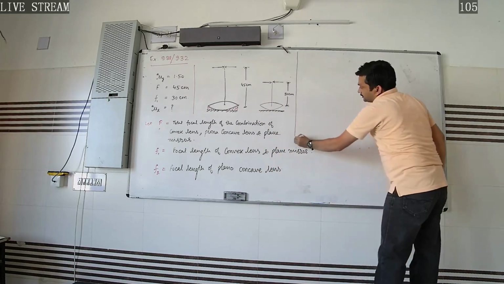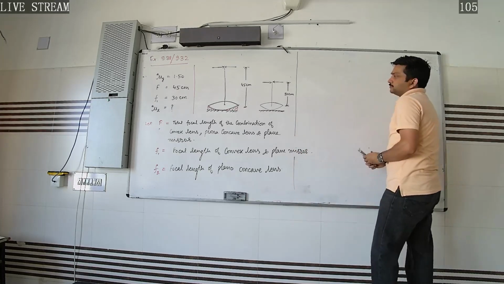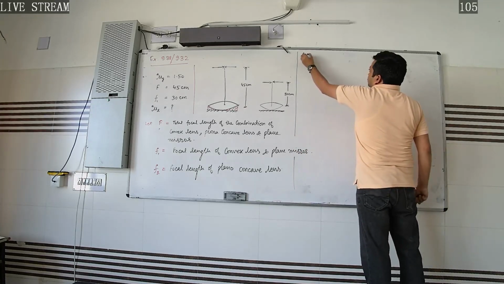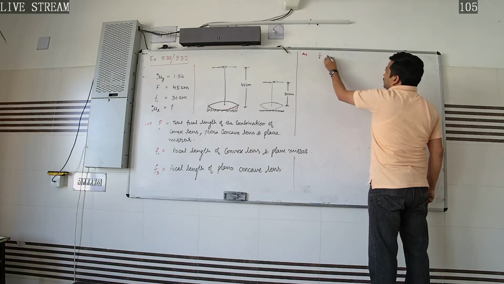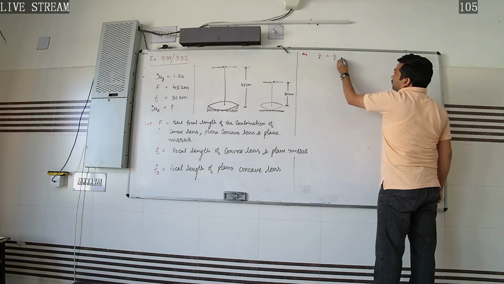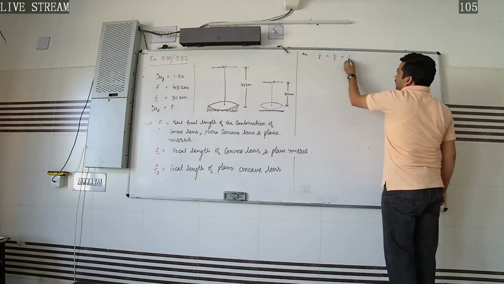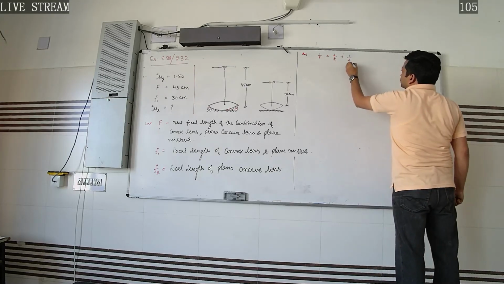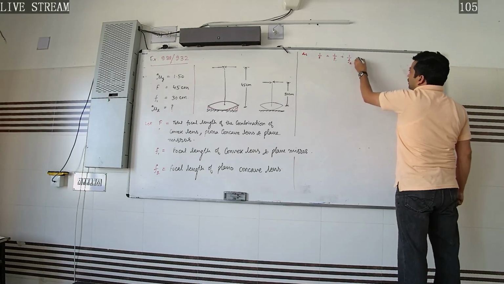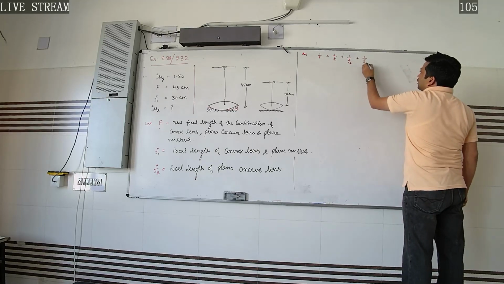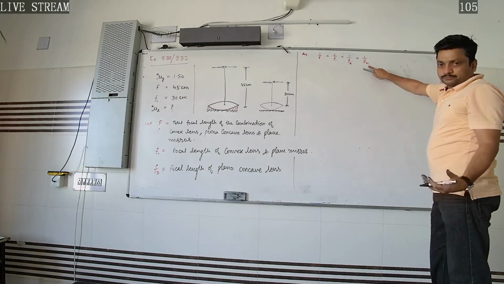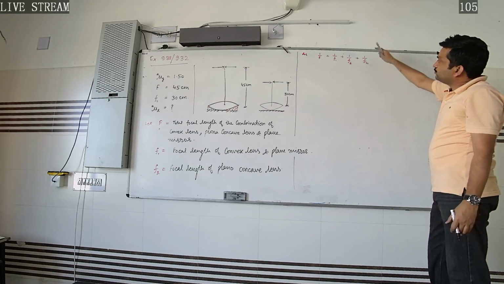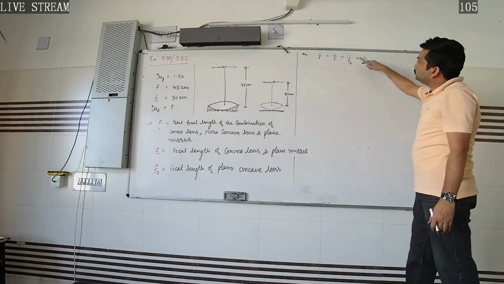Okay, so let's study the first case. The net focal length 1 by F can be given by the combination of the focal length of the convex lens, the focal length of f2, that is the plano-concave lens, and the focal length of the mirror. The focal length of the plane mirror, as we know, is infinite, so 1 over infinity will be 0.